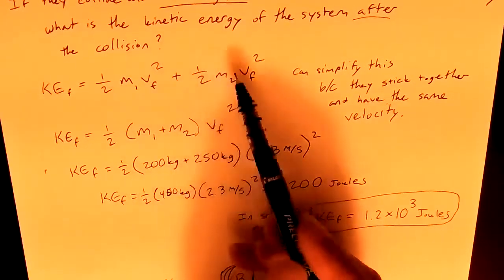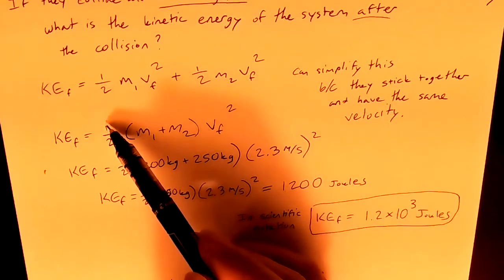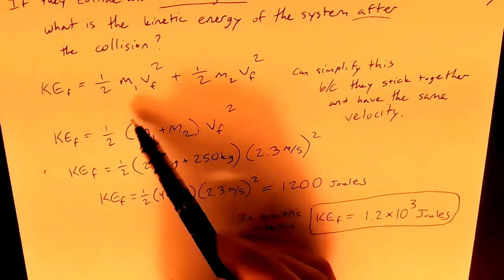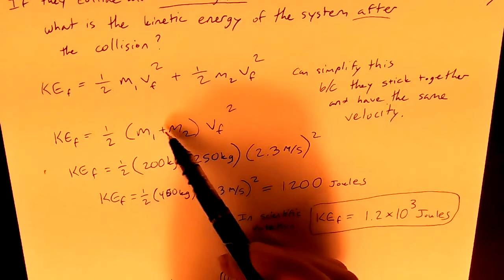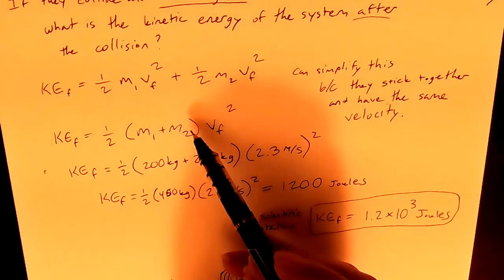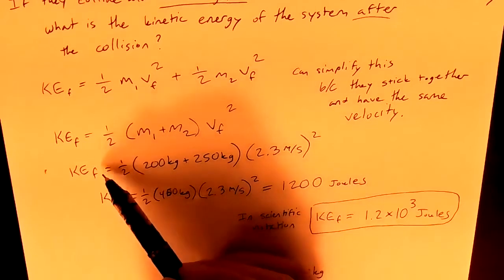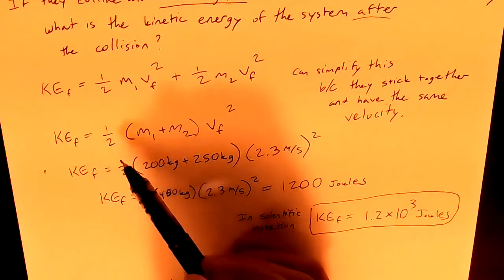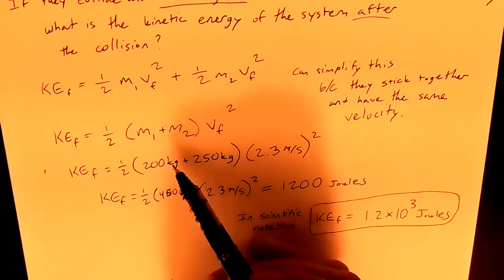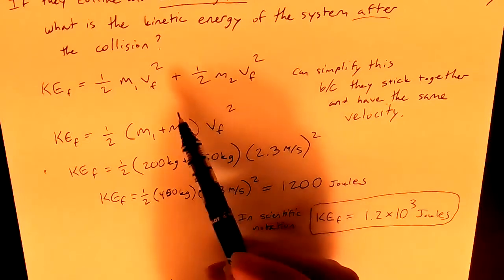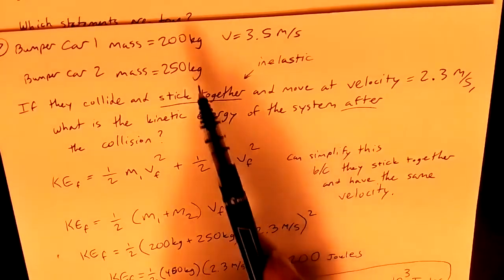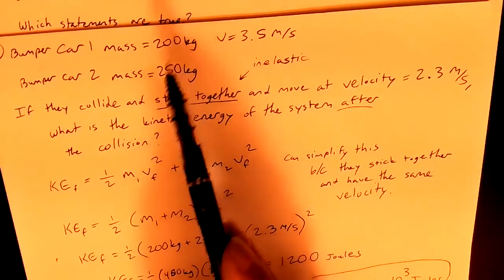So you can just add these terms together. So we get 1/2 times m1 plus m2 times final velocity squared. So we have kinetic energy final equals 1/2 times 200 kilograms plus 250 kilograms. That's from stuff we already know up here, m1 and m2.